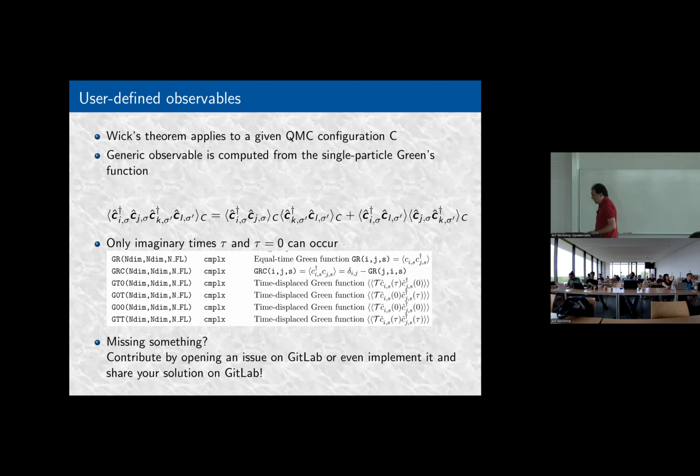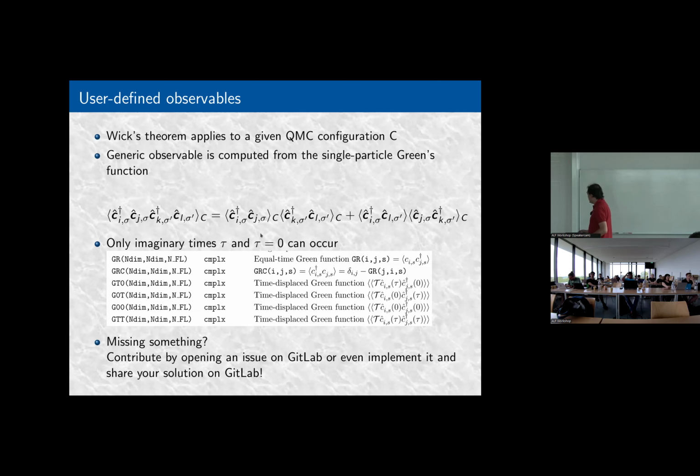And being a free fermionic system, every possible observable can be reduced via Wick's theorem to a combination of the Green's functions. So, for example, this is an example of a 4 fermion observable, which using Wick's theorem can be computed in terms of a combination of the Green's functions.